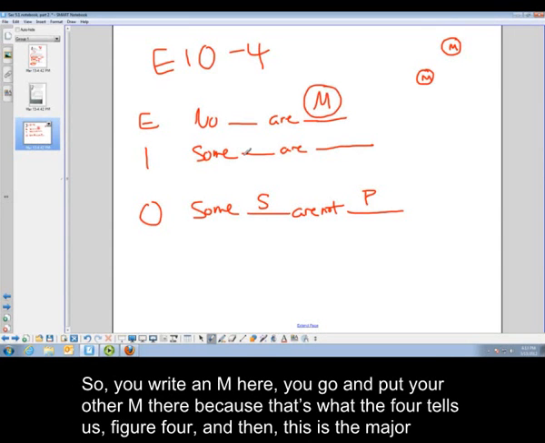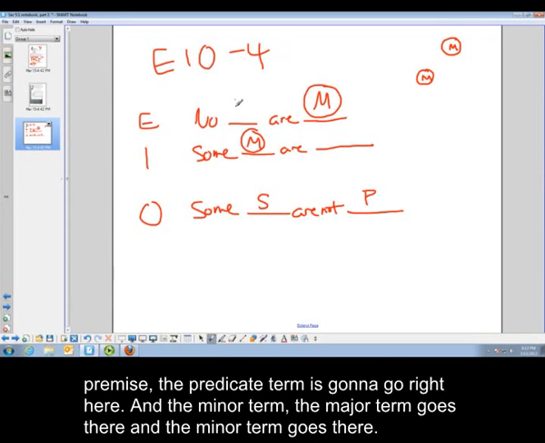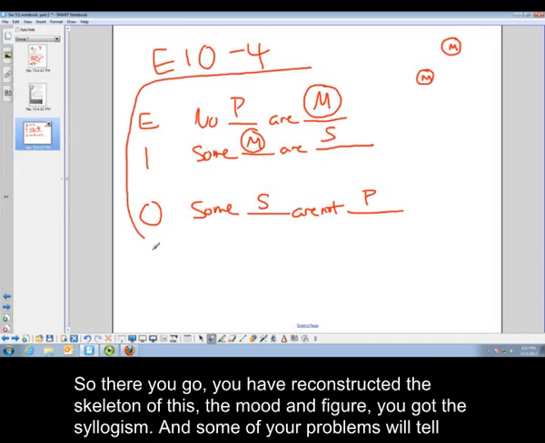So you write an M here, right? You go and put your other M there, because that's what the 4 tells us, figure 4. And then this is the major premise. The predicate term is going to go right here, and the minor term, the major term goes there, and the minor term goes there. So there you go.